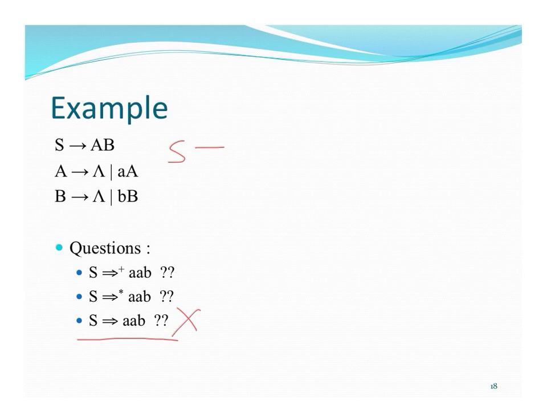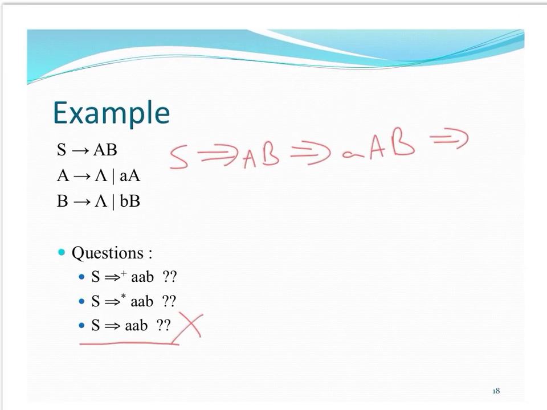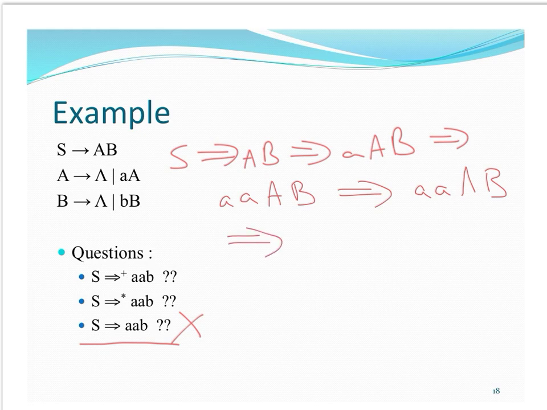S goes in one step to AB. We can replace that capital A with a little a, big A. And we can replace that next capital A with another little a, big A. So that'll take us to little a, and then we replace the capital A with a little a, big A, and there's our B. Then we'll replace the capital A with a lambda, so that goes to AA lambda B, which goes to AA lambda little b, big B, goes to AA lambda little b lambda.